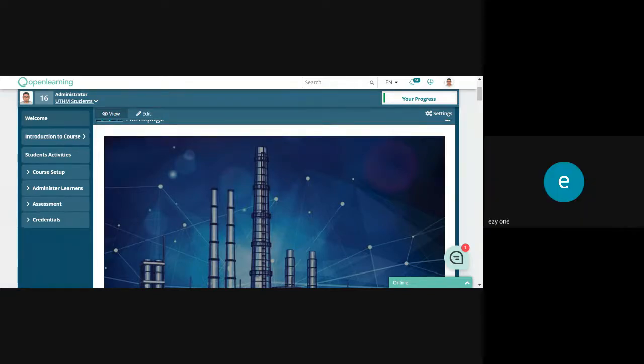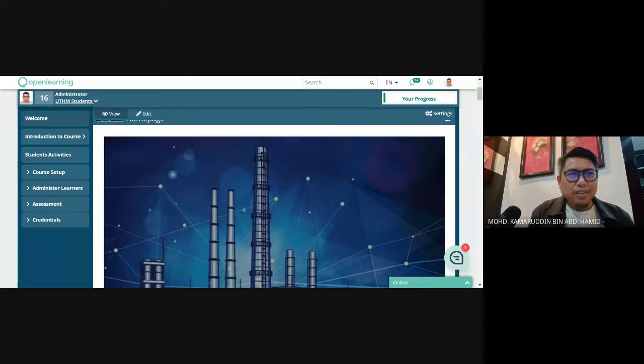Okay, so rasanya for this month itu saja basically yang you all ada briefing yang menyebabkan kita cancel. But don't worry, after this we don't have the class, and we need to cover these 2 days, which basically about 6 hours. So we need to cover some days, some way in the next month before Dr. Aziz take over the class.